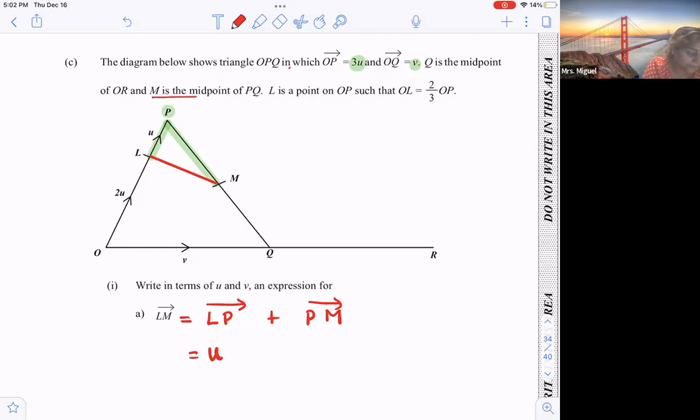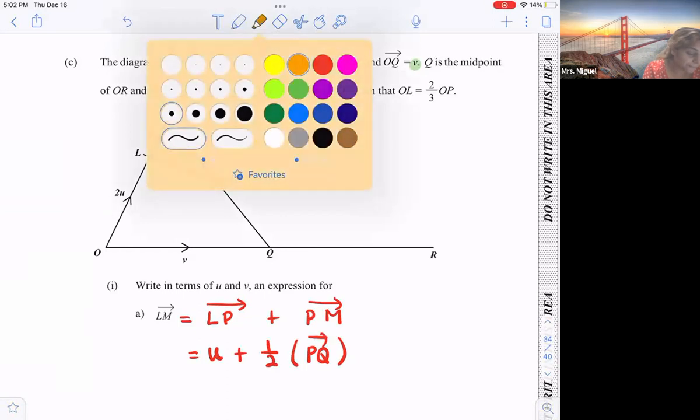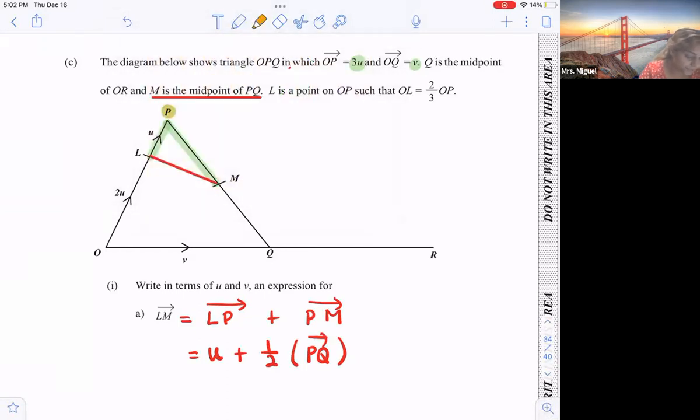We know M is the midpoint of PQ. So therefore, PM is a half the vector PQ. We don't know PQ, so to go from P to Q, we must go through point O. We must go from P to O and then O to Q. You see that?